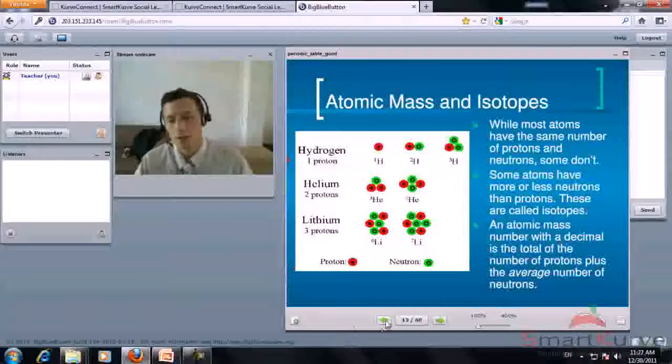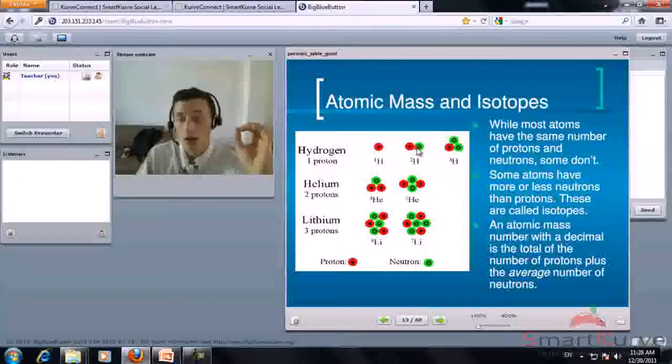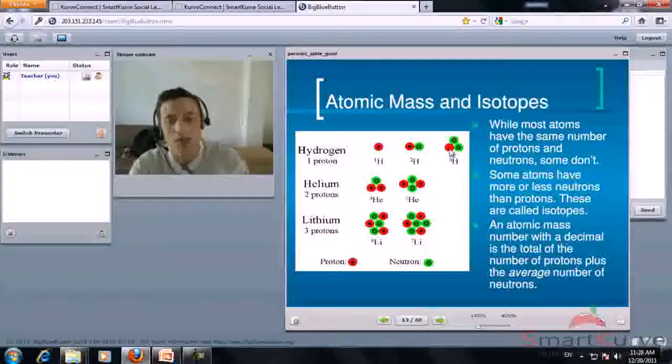In the first row we have hydrogen, and there to the right we see 3 different isotopes of hydrogen. We see hydrogen with 1 proton and 0 neutrons. Next, 1 proton and 1 neutron, and then last 1 proton and 2 neutrons. These are 3 different isotopes of hydrogen.